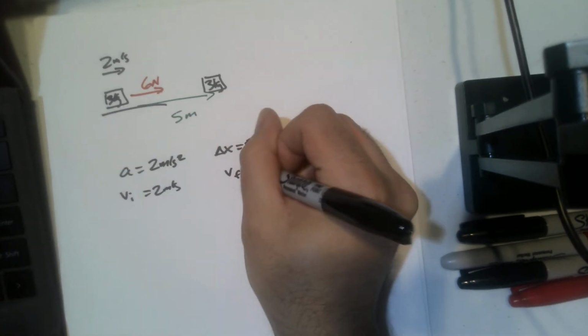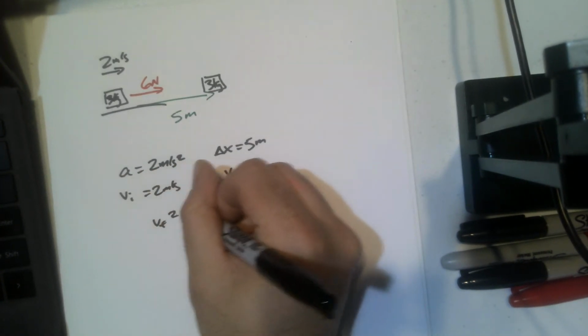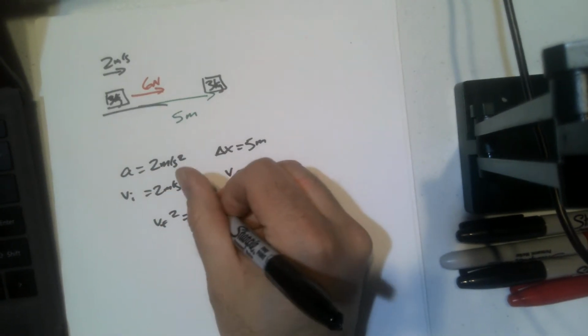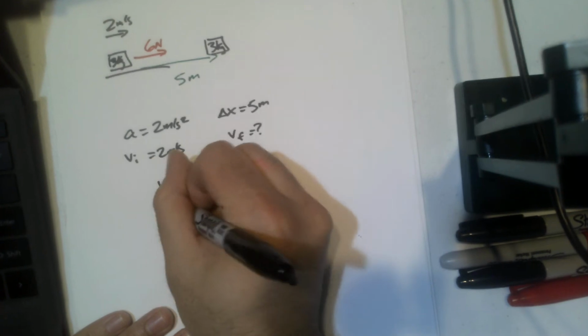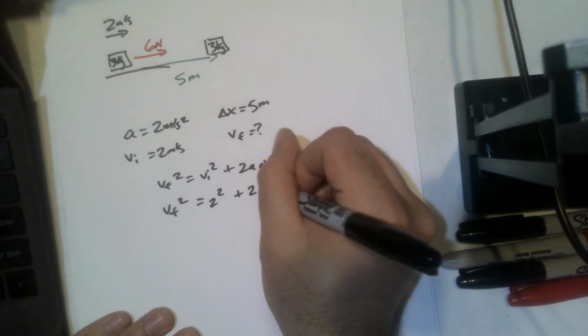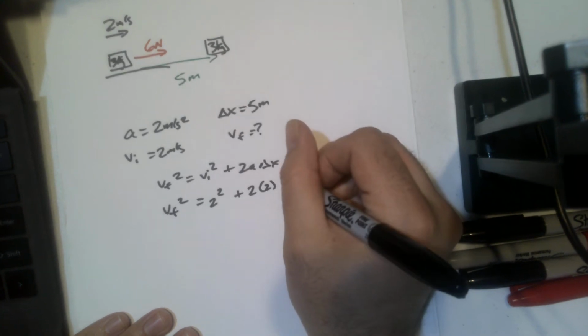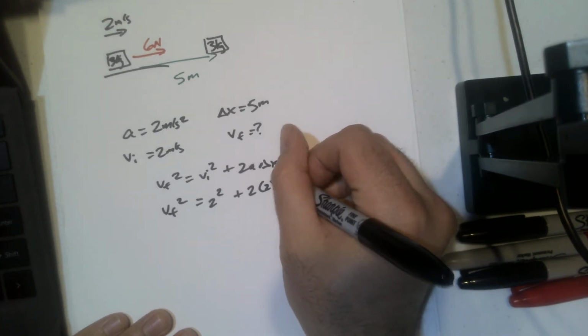So we can figure out what vf is using kinematics. Probably want to go with our time independent formula here. So when we look at this formula, we have 2 squared, a is 2 meters per second squared based off of our calculation, and then delta x is 5 here.